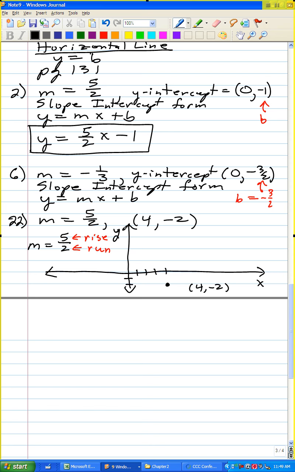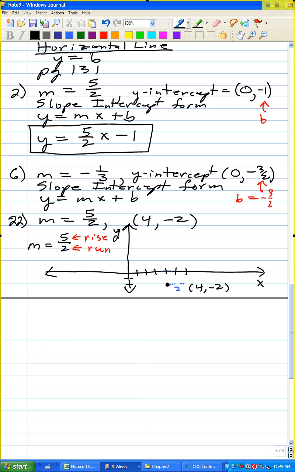Okay, so I have a run of 2, and then I have a rise of 5.